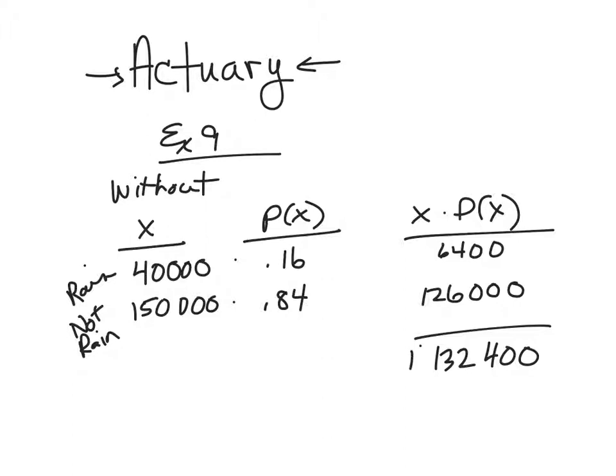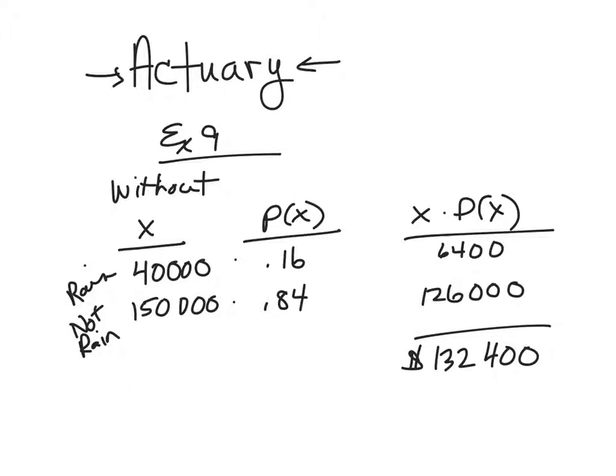Now what does that mean? That means if Jeff had, say, 100 fields with this exact same scenario, he would expect to come out ahead $132,400 per field. Some of them he'd come out ahead 40,000, some of them he'd come out 150,000 ahead, but on average he'd come out ahead 132,400.